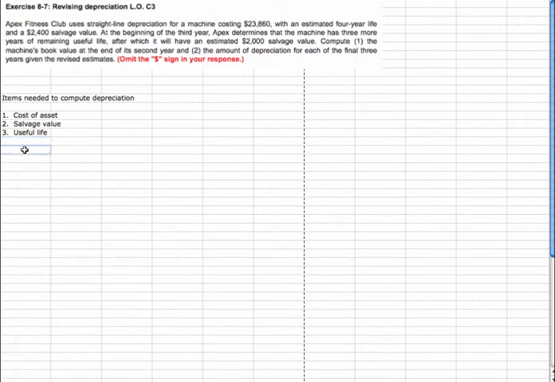Okay, so first of all, what you have to do is compute the book value at the end of the 2nd year. They use straight line depreciation. So we start with the original cost of the asset, which was $23,860, less 2 years worth of depreciation using straight line.